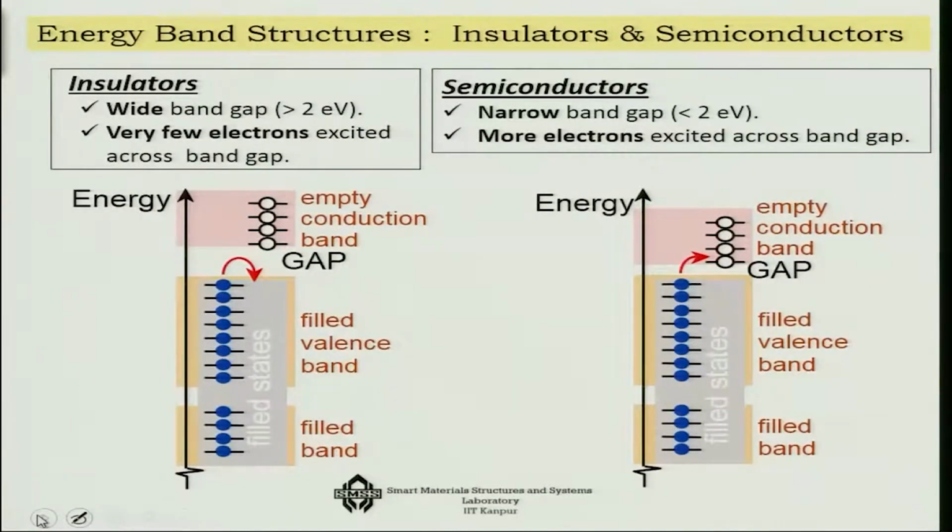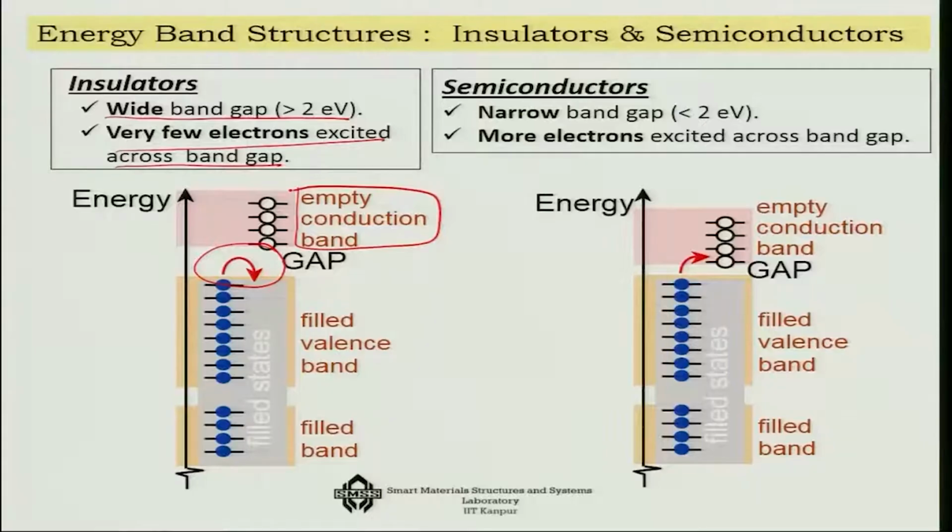Now, let us look into the energy band structures of insulators and semiconductors. Insulators, I told you, have a wide band gap greater than 2 electron volt, and very few electrons will be excited across the band gap. You can see here that there is a wide band gap, and the conduction band remains empty.